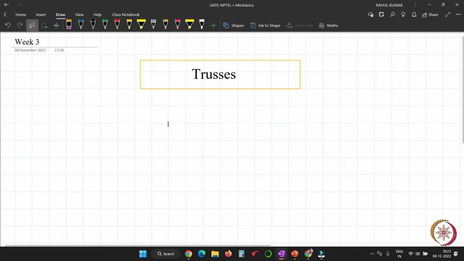So what is trusses? Someone can define. Sir, basically the structure to carry loads. Take axial loads. Please repeat. Take axial loads only. Tangential load. Okay, let's move.